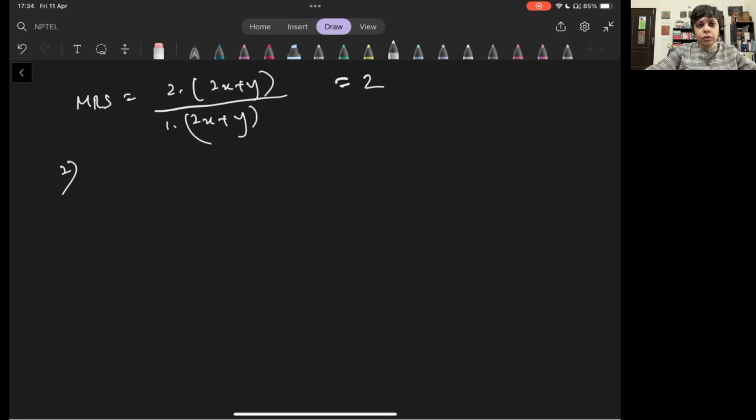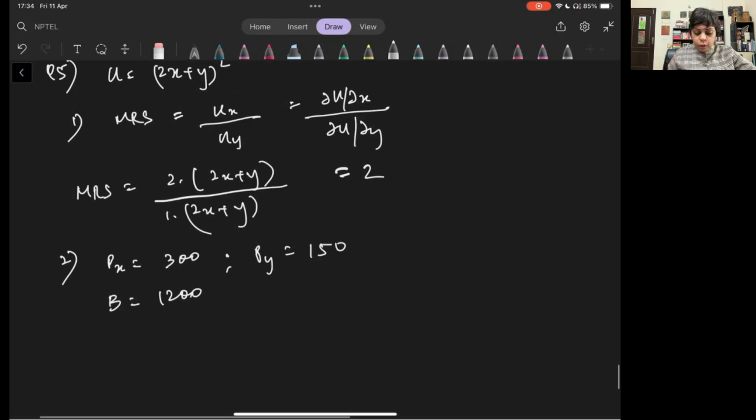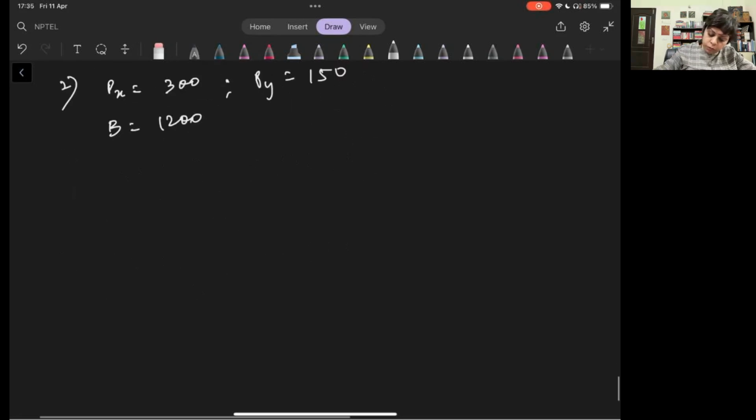The second part is asking us, if Px is 300, Py is 150, and the budget is 1200, the optimal consumption bundle. Now, you can see this is a case of perfect substitutes, because it exists in the form u is ax plus by.